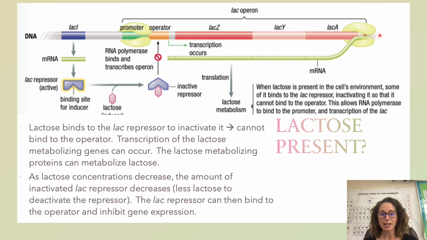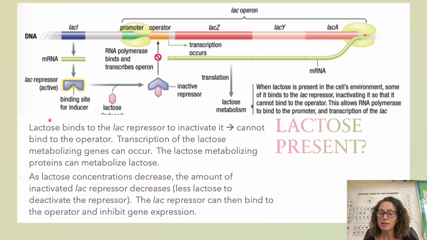Now, what's brilliant is as the lactose gets metabolized, your lactose concentrations decrease. That means there's going to be less lactose to deactivate the repressor, and then the repressor will be able to bind to the operator and stop transcription because you're running out of lactose.